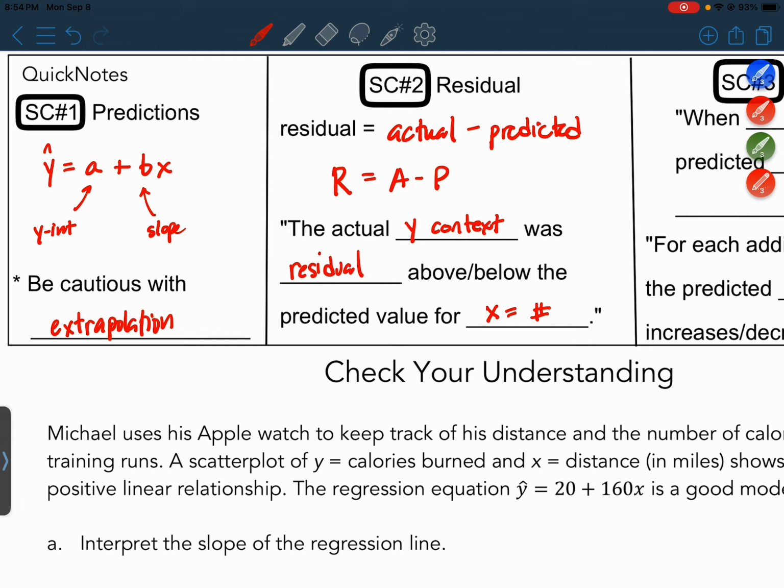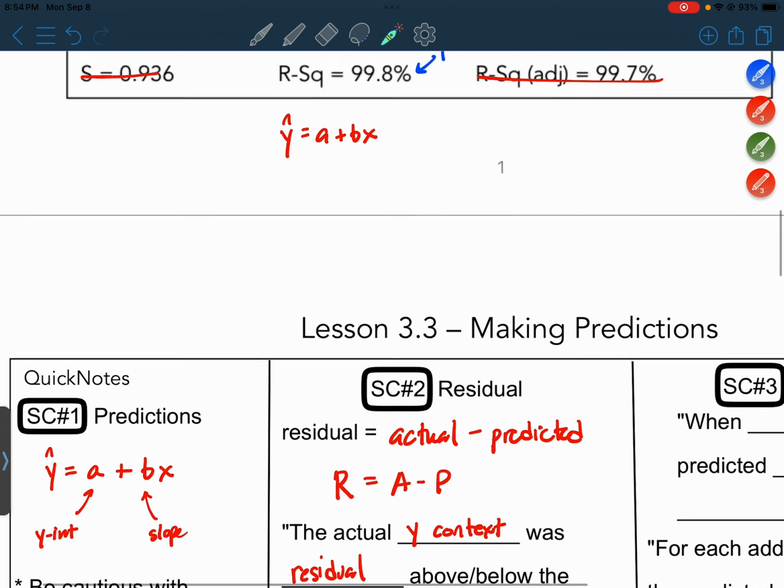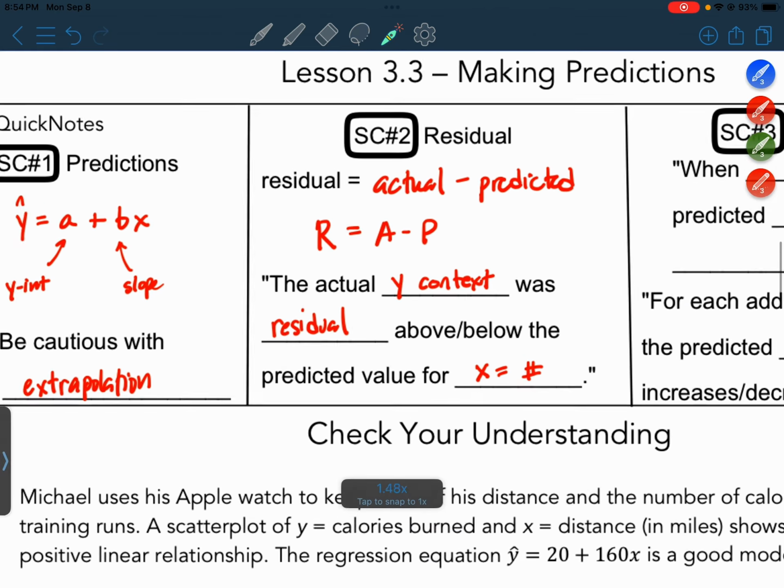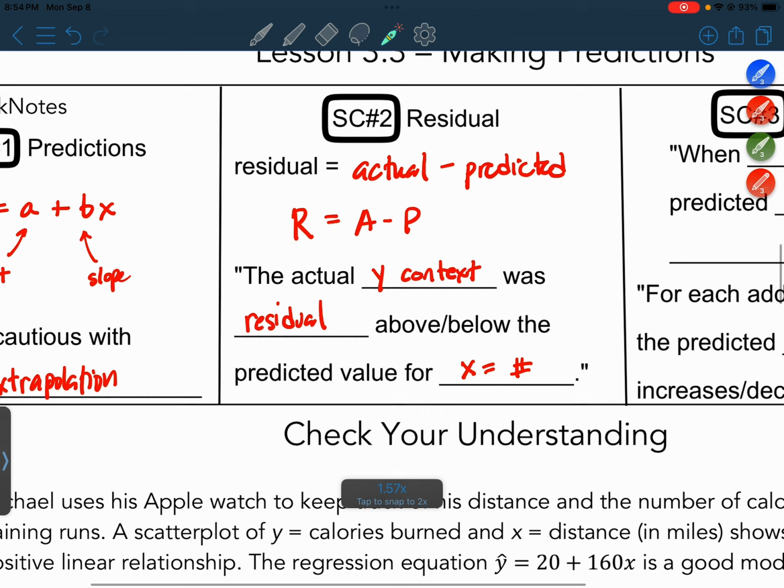So if we apply this to the first page, the actual distance traveled was 1.37 centimeters above the predicted value for when there were 5 rubber bands. X equals 5.